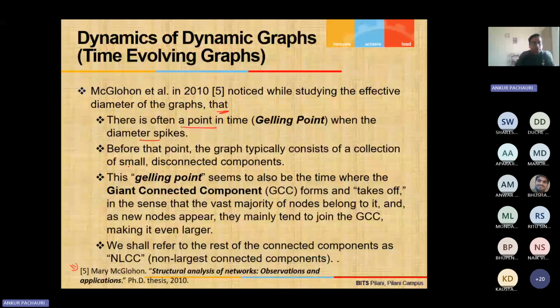Before that point, the graph typically consists of a collection of small disconnected components with certain small diameters. As they come close together, the graph becomes dense, which relates to dynamic graphs: with respect to time, the connectivity was increasing and some new nodes were added.